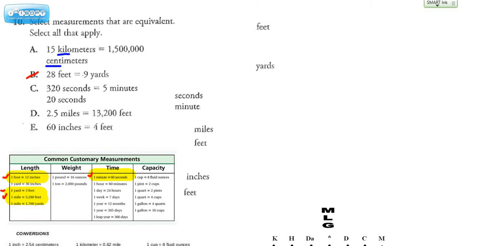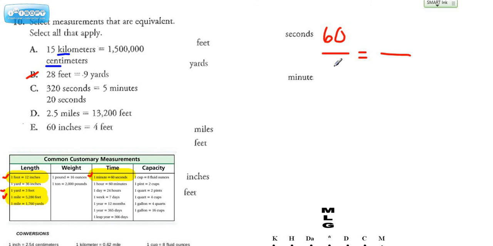The next one, let's put these away. They're talking about seconds, and they're talking about minutes. Now, if we look at this right here, the correct ratio for that is, for every 60 seconds, we're talking about 1 minute. Now, for this one, it's probably going to be easier if we convert this to seconds, right?